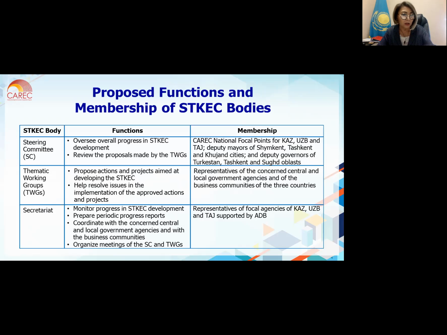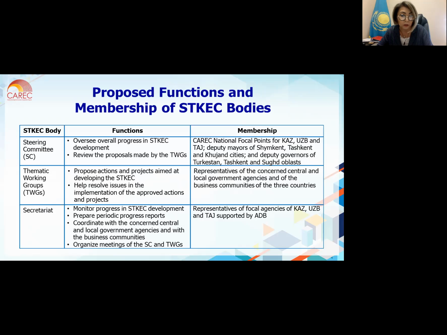During this session, we have considered all of the issues, and we have reviewed the institutional structure established by the ADB, and the representatives of the three countries, Kazakhstan, Uzbekistan, and Tajikistan, have submitted their suggestions regarding the institutional structure.